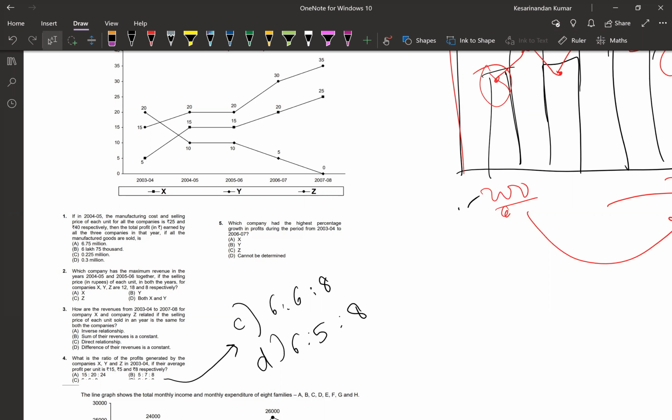Trust me, it's very easy. It's more of a qualitative question than a quantitative question. Use your intuition. What is looking from the graph?